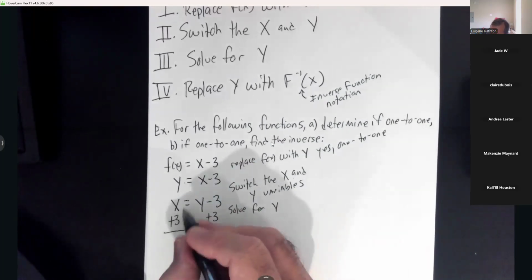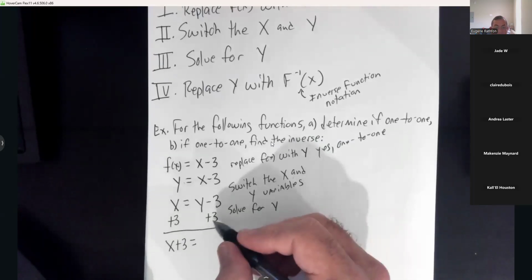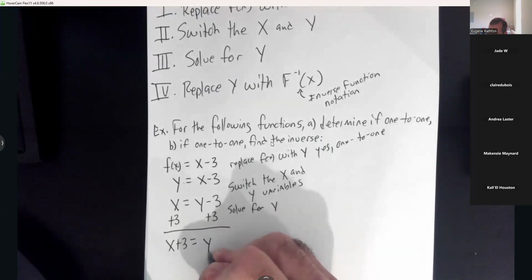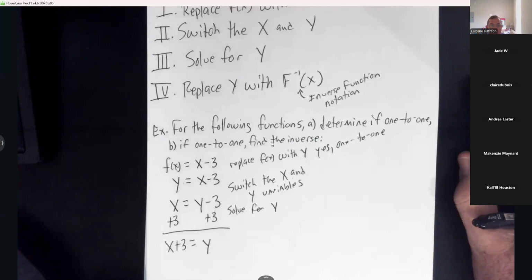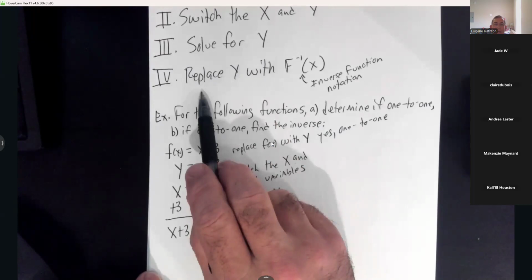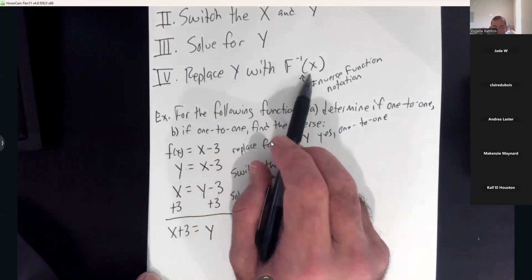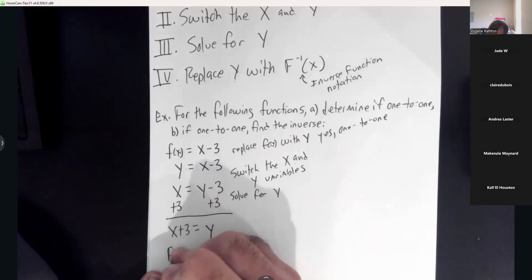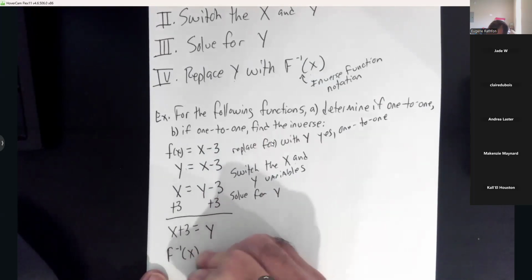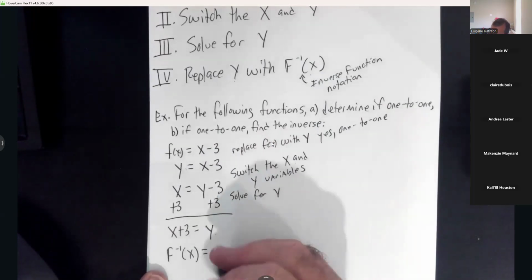So y'all, let's see what I get. Over here, I get an x plus 3. This side, the 3's cancel. All that's left is my y. All right, so I solved for the y. Now my last step, replace the y with f inverse of x notation. So f inverse of x, that's my y now, equals x plus 3.